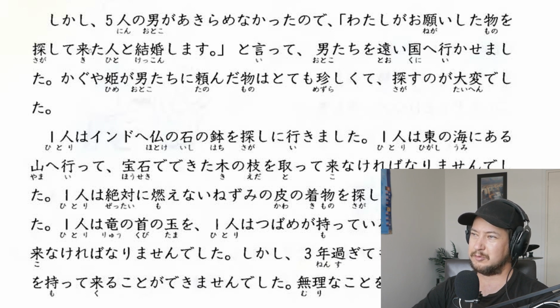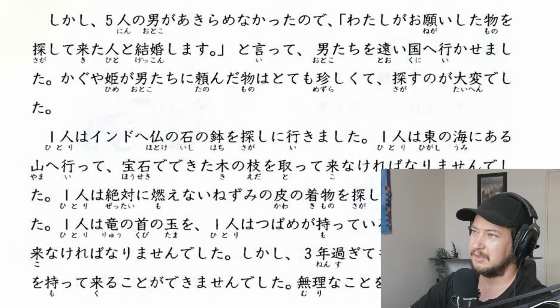And then と, so together with that person, 結婚します. I will marry. I'll definitely, so this is very confident, I will be marrying a person.